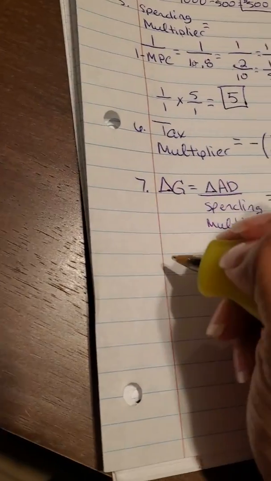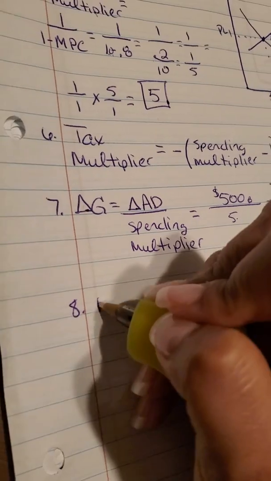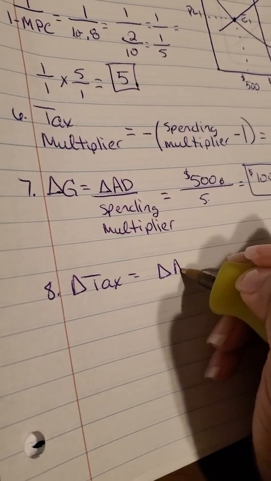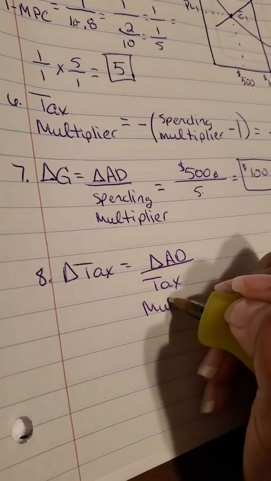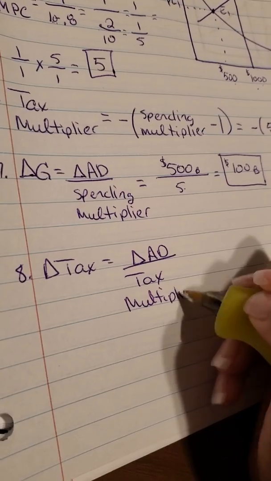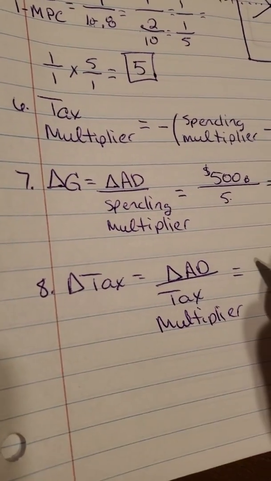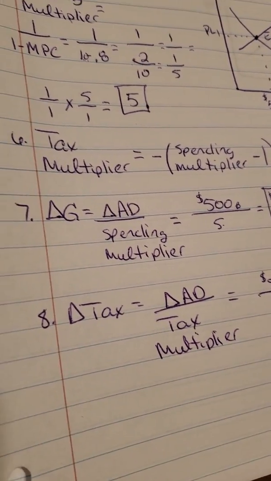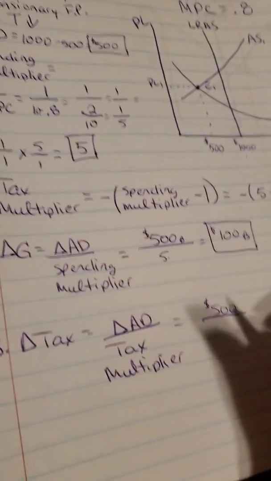So number 8 is change in tax. Again, that's the change in aggregate demand divided by the tax multiplier. So change in aggregate demand is the same from before, the $500 billion, divided by your tax multiplier, which we said was -4.